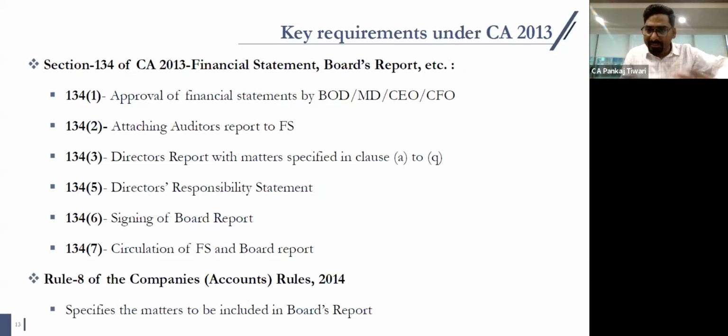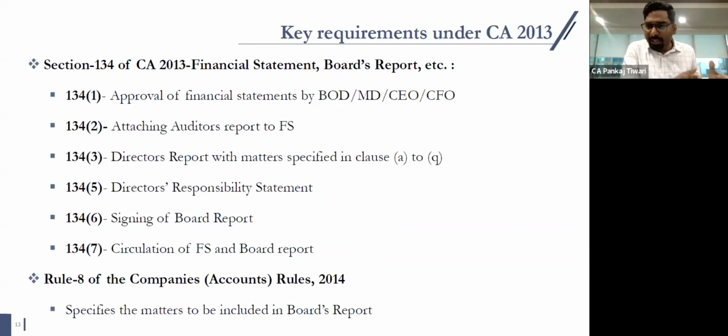And these were all applicable to listed companies. Similarly, you have section 134 of the Companies Act, which prescribes a kind of layout for the annual report. It says that these financial statements need to be approved by the board of directors, MD, CEO, and you should attach an auditor's report to the financial statements, and then you should have a director's report which should specify a lot of matters.